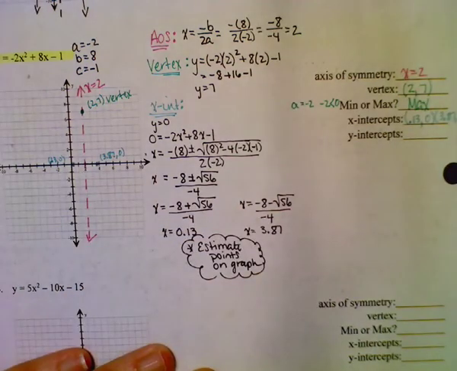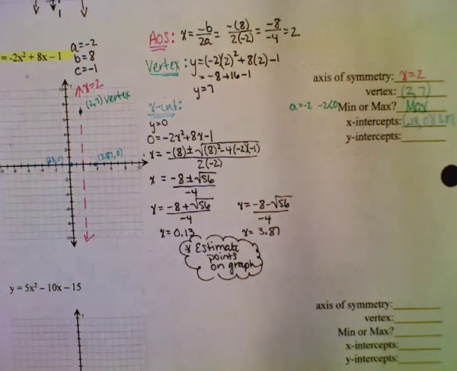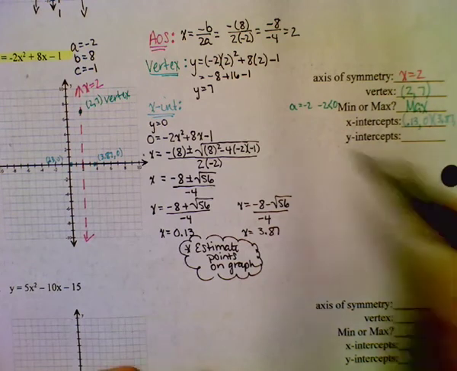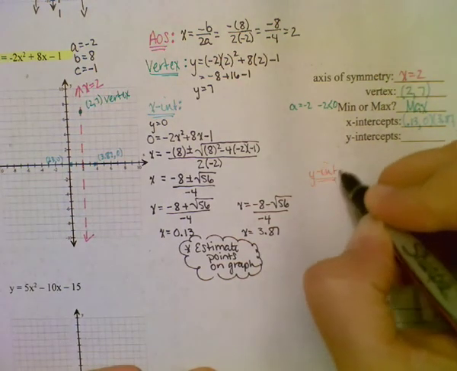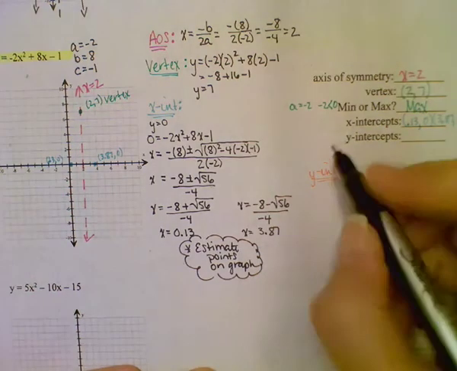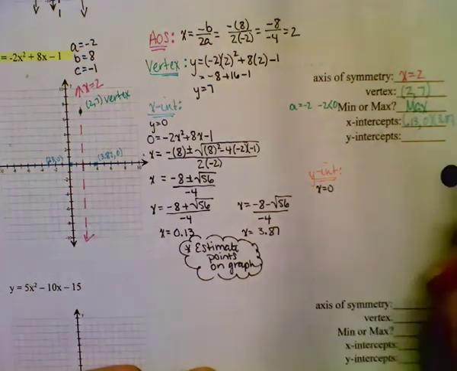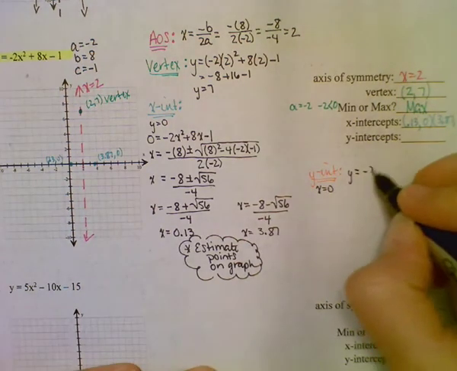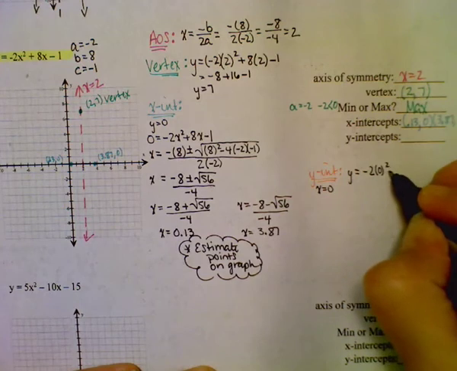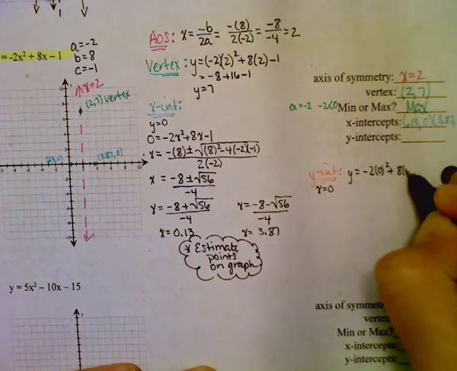Let's go ahead and find our y-intercept now and finish this graph up. Remember, with our y-intercept, we're going to set x equal to 0 so that I have y equals negative 2 times 0 squared plus 8 times 0 minus 1.